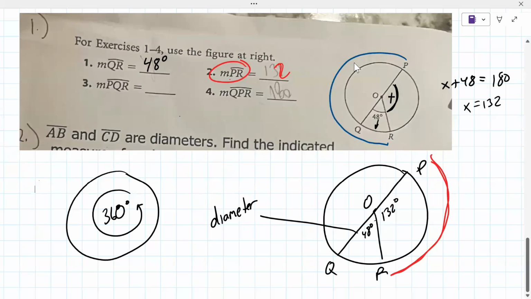This is what we're asking for, P to Q to R. So how much is P to Q going this way? It would be 180. And then Q to R is how much? 48. So you've got to add those together. 228. Okay, very good.